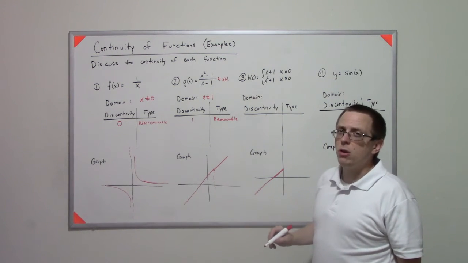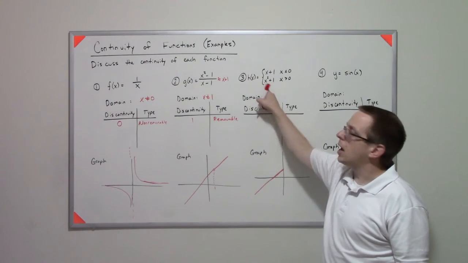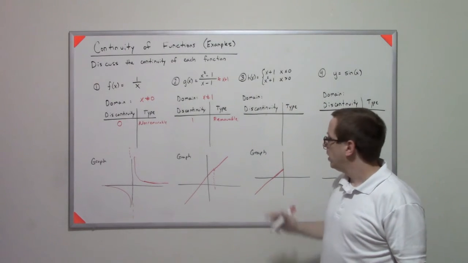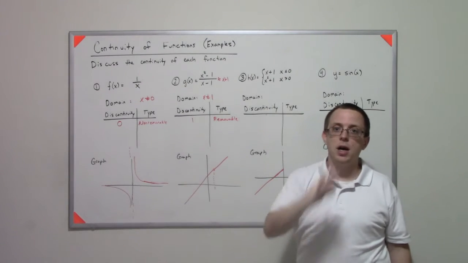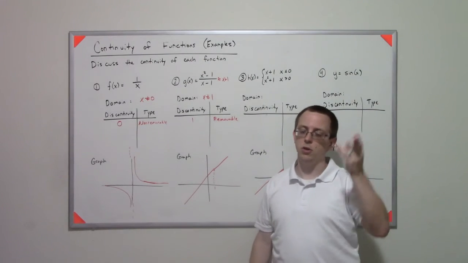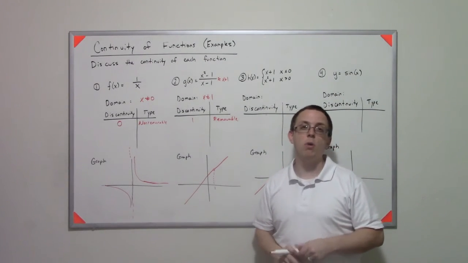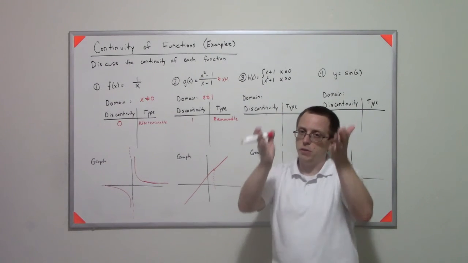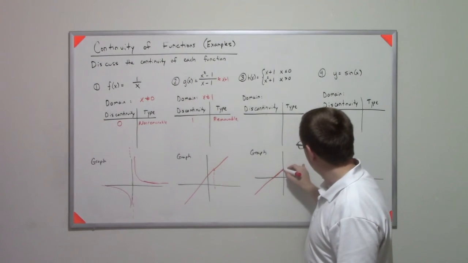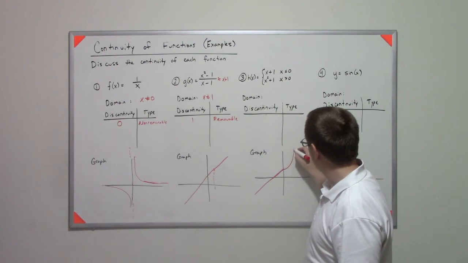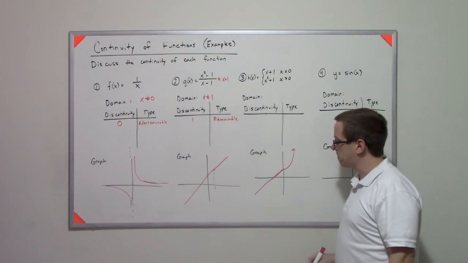Now when x is greater than 0, it looks like x squared plus 1. So x plus 1 is just a straight line, slope 1, intercept 1. X squared plus 1 is the standard parabola shifted up 1. So you have something that looks like that.